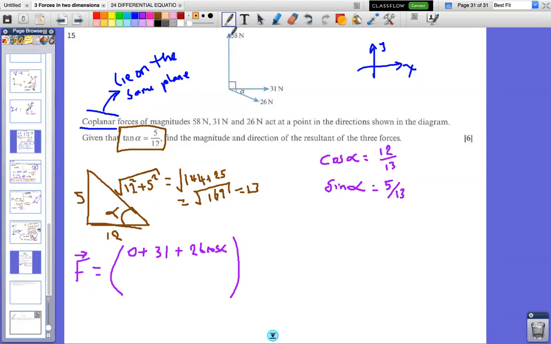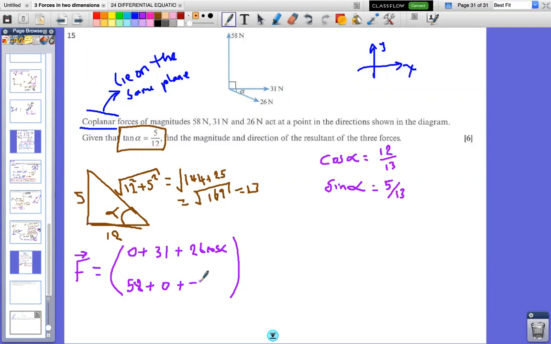The y component of the 58 Newton force is just 58. The y component of the 31 Newton force is 0. The y component of the 26 Newton force is negative, it's in the negative y direction.